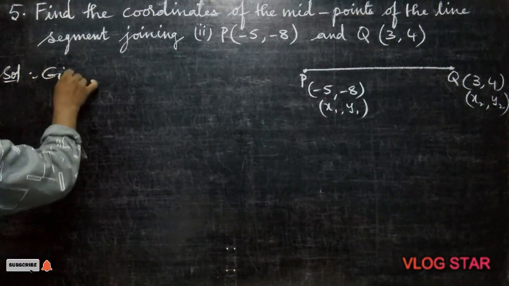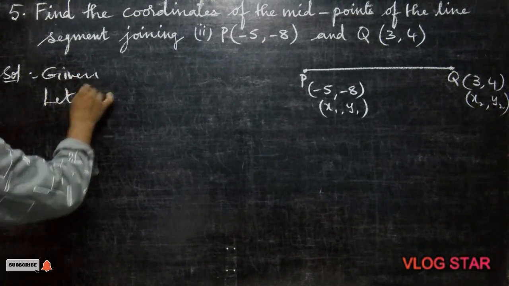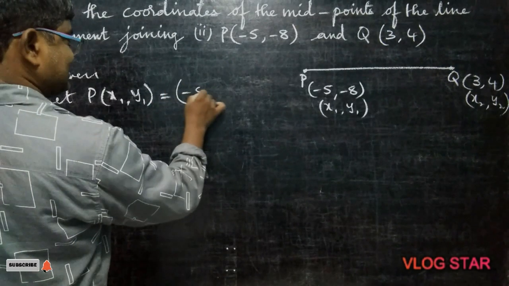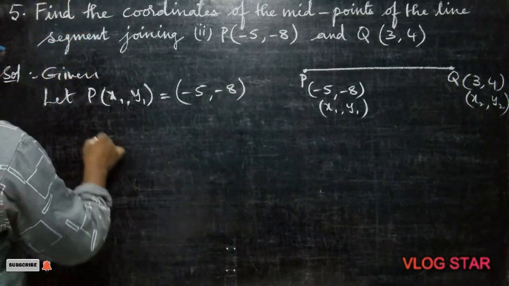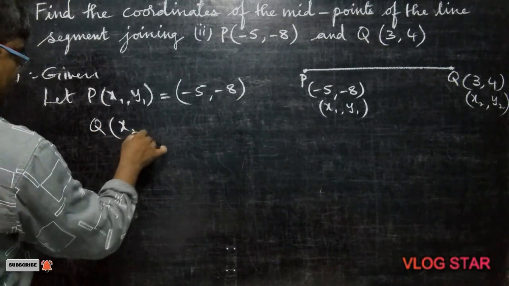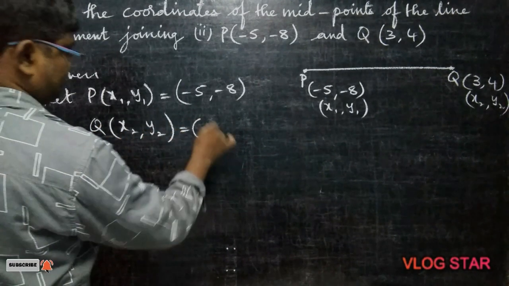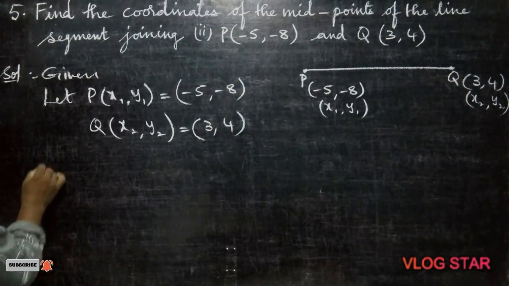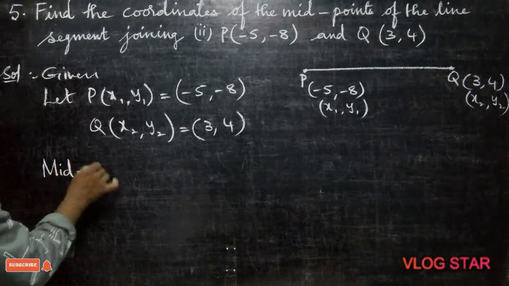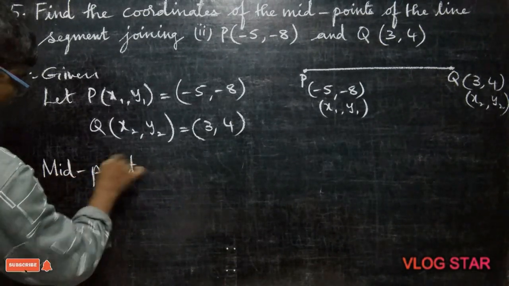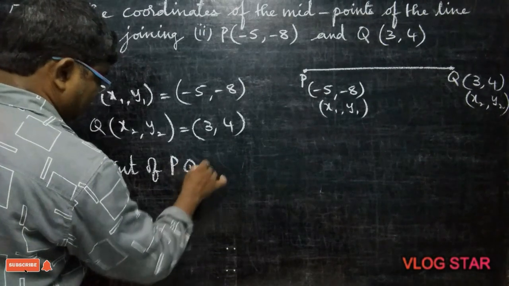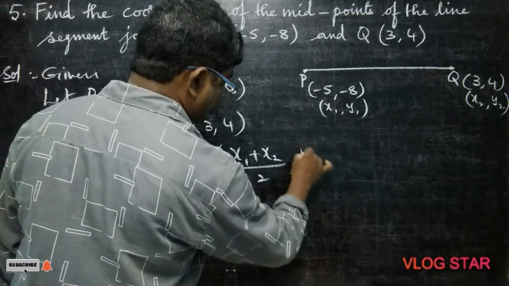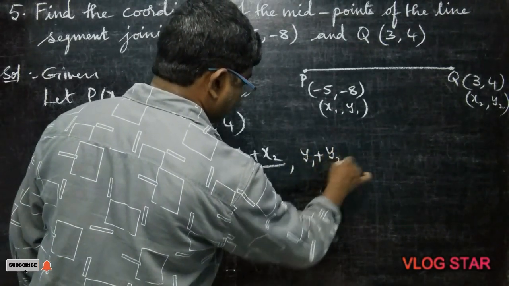What have they given? Let P(x1, y1) be (-5, -8) and Q(x2, y2) be (3, 4). Now they are asking us to find the coordinates of the midpoint. So the midpoint of PQ is given by the formula (x1 plus x2) by 2 comma (y1 plus y2) by 2.